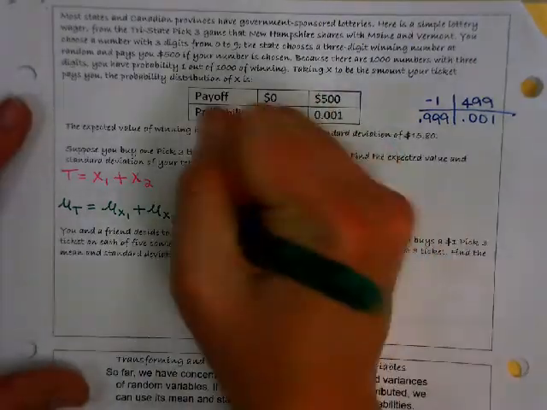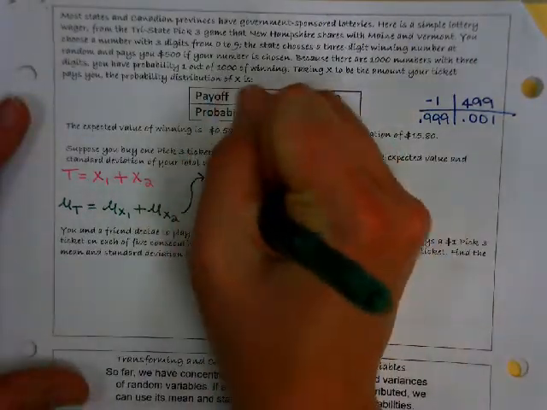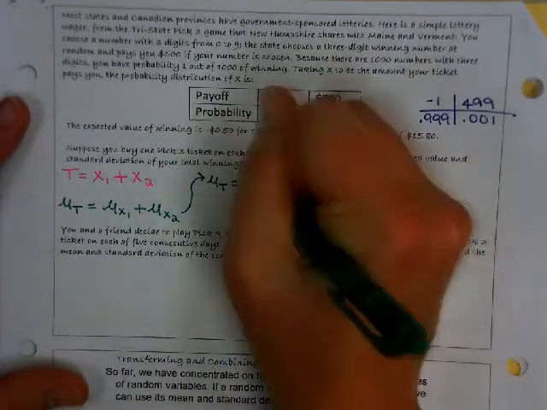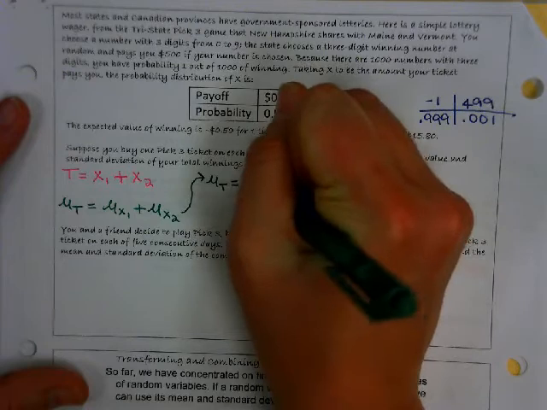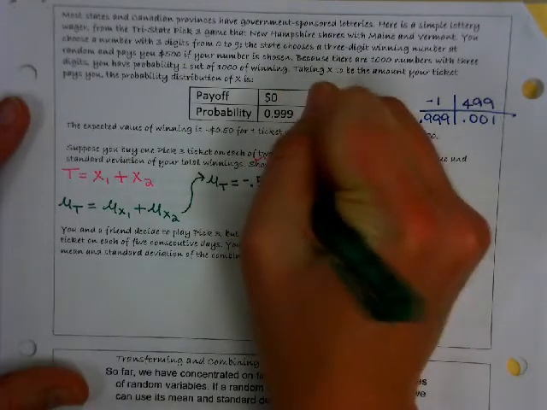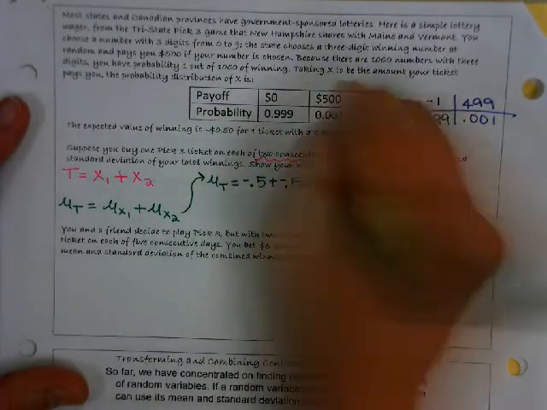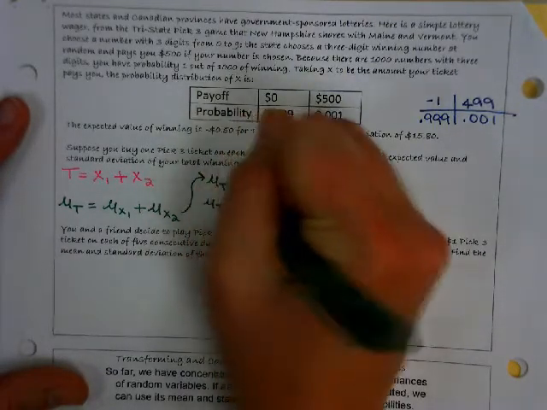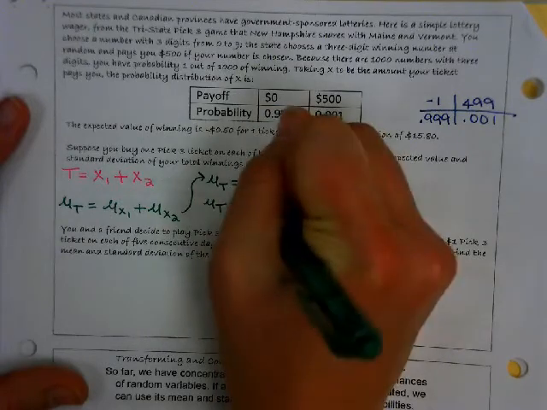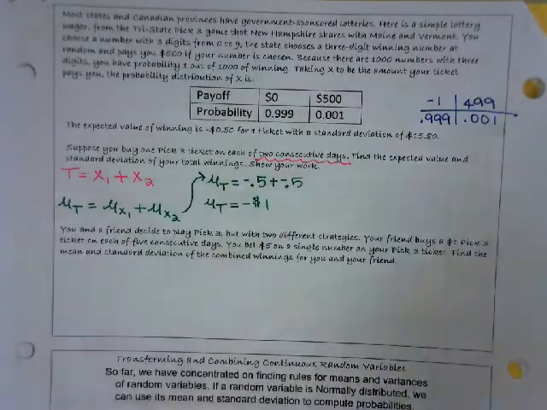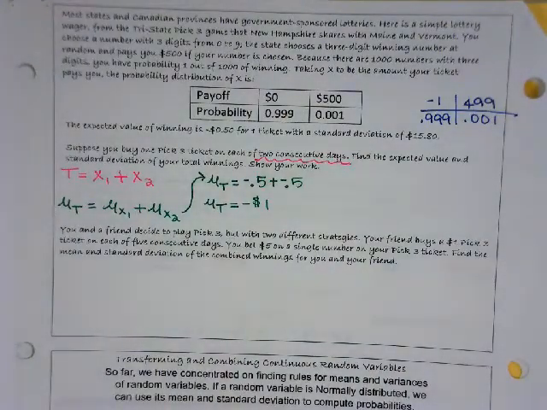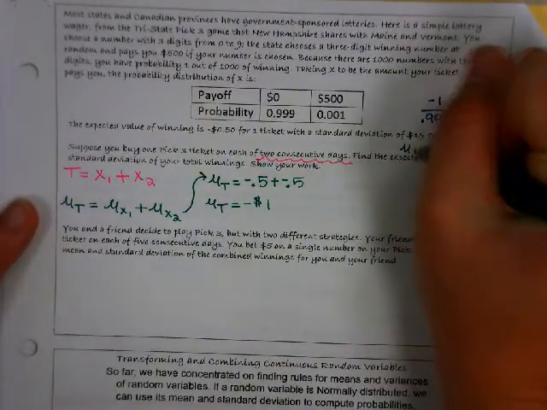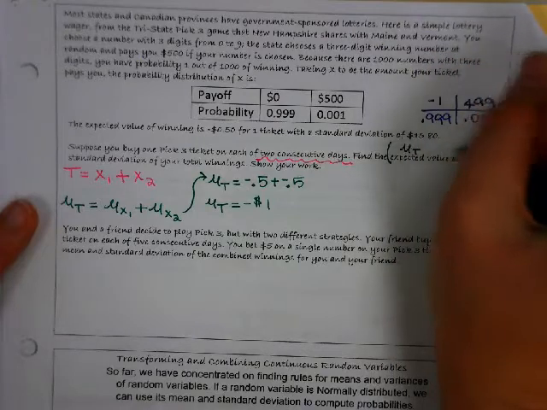So the mean that I would expect for playing the game 2 days in a row is that I lose $1 overall. So that's our expected value. Just to remind you, expected value and mean, they go together.